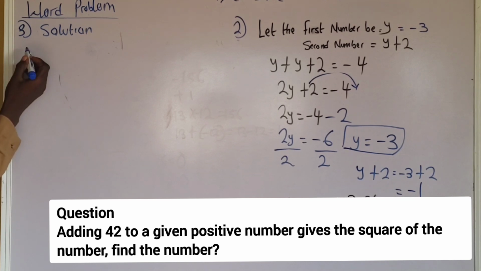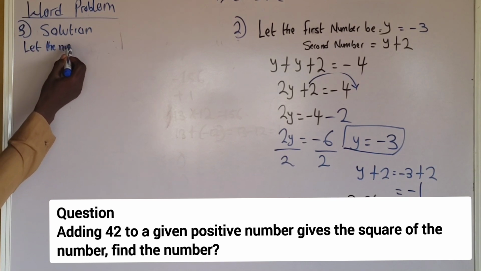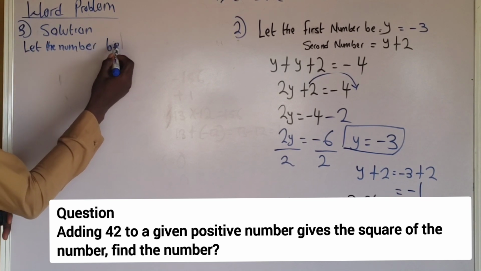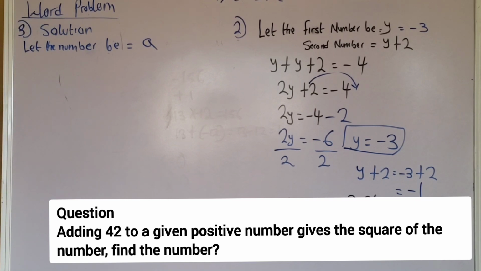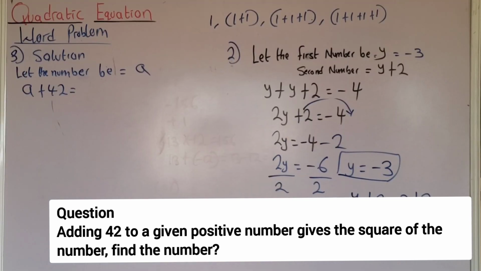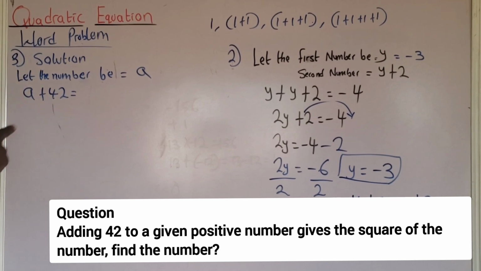Now let's say, let the number be any letter. You understand? In this case, I'm going to choose A. Let the number be A. So here I'm going to add 42 to A, so I'm going to have A plus 42 is equal to... Now let's go back to the question: adding 42 to a given positive number, we have already added 42.